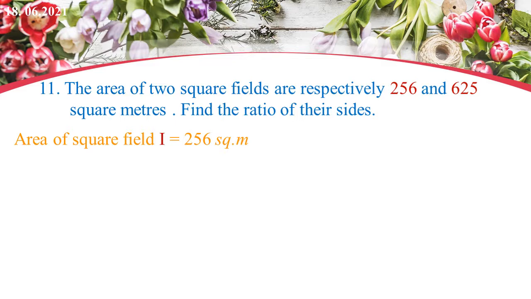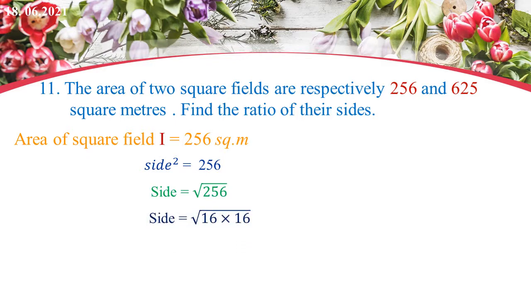Area of square formula is side into side, that is side square equal 256. We need to find side because we need to find the ratio of their sides. So, side equal square root of 256.